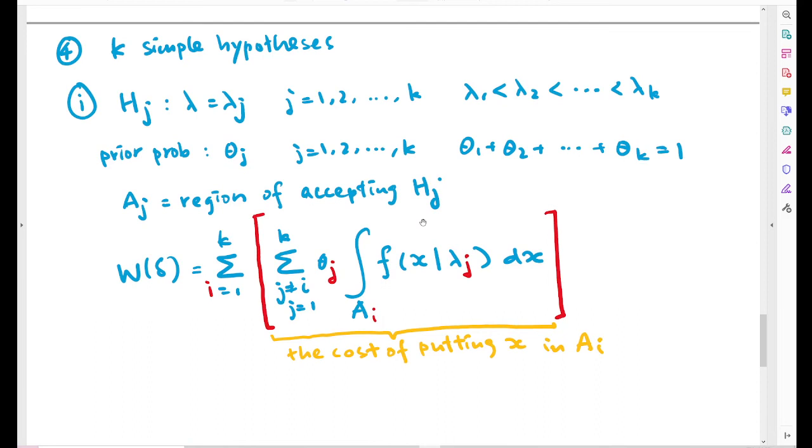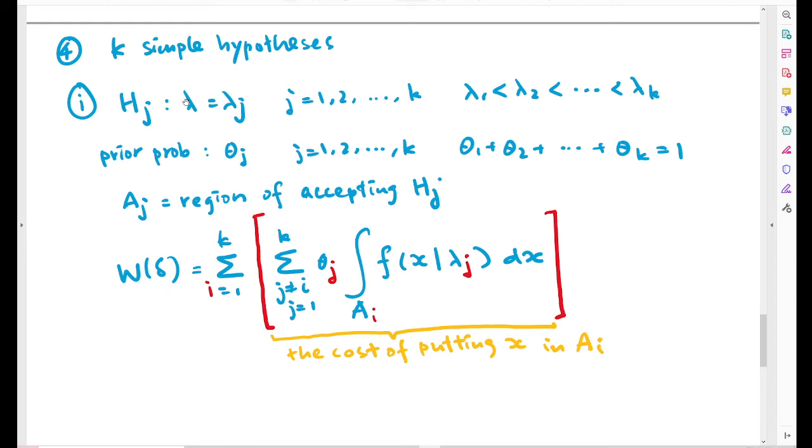Let's try to extend the analysis to K simple hypotheses. The situation is very similar. The only difference is that now we have K hypotheses. We have Hj, the hypothesis where lambda equals lambda j, and j equals 1, 2, 3, up to k.